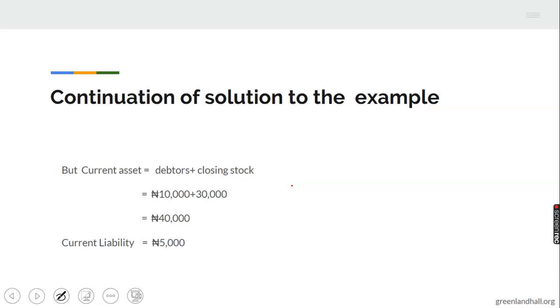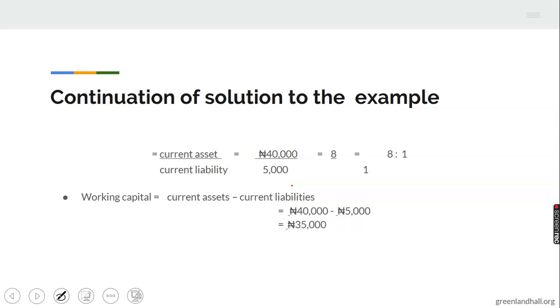The current liability that we have there is 5,000 naira. Now, the current ratio will be equal to the current asset over the current liability, which is 40,000 over 5,000 naira, which is equal to 8 over 1, that is 8:1.